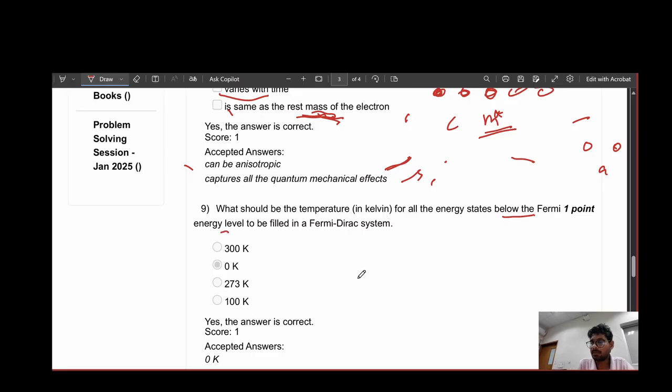If you remember, this is the energy E, and this is Fe. Fe is 1 for energies below this, and this is EF.